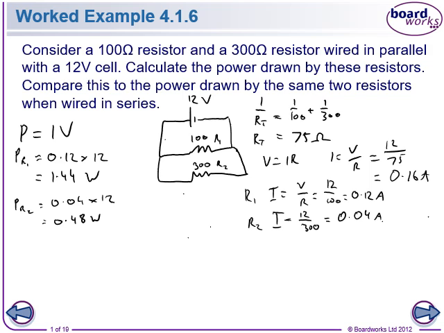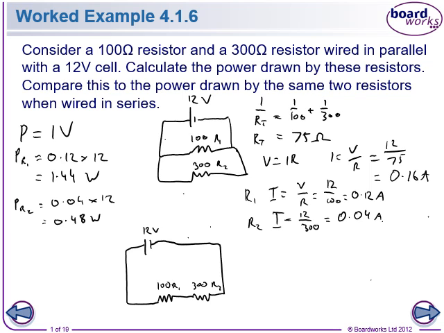Okay, so now we need to compare this to the amount of power they draw if they are in series. So let's have a look. So we have our 12-volt battery there, 100, 300, R2, R1. Okay, so our total current.